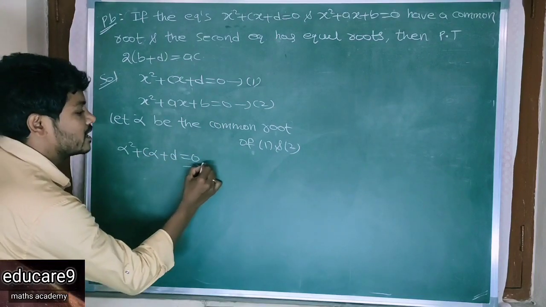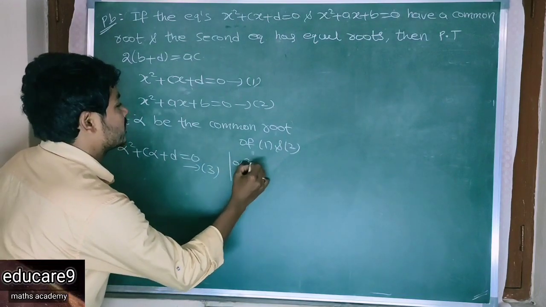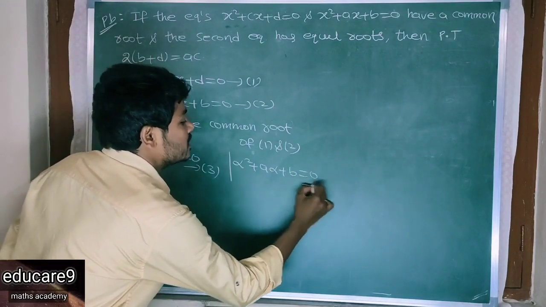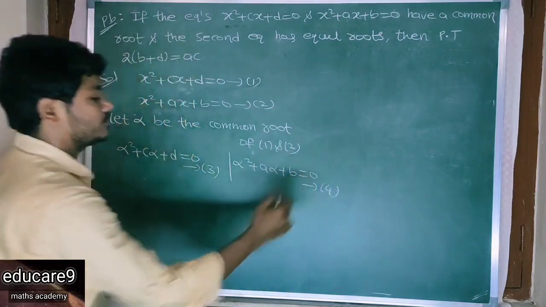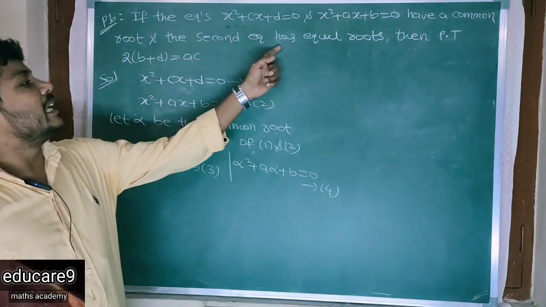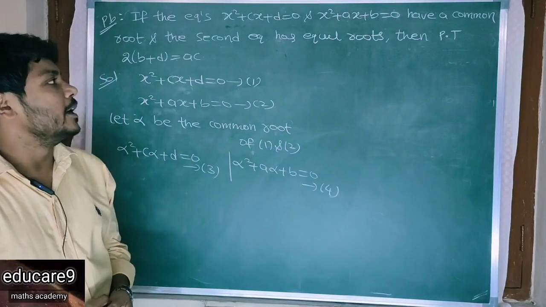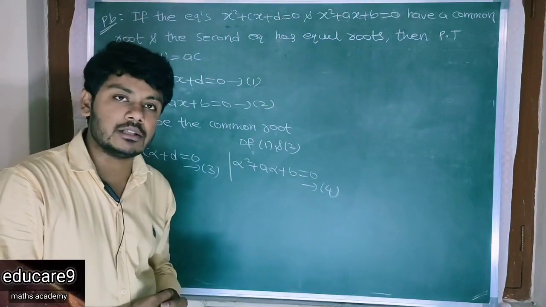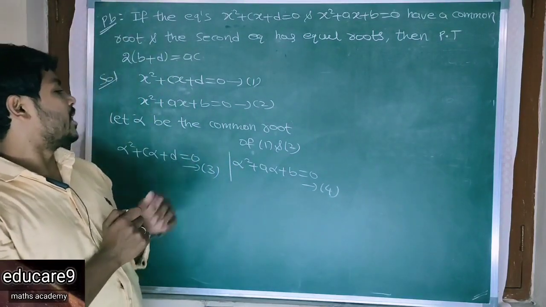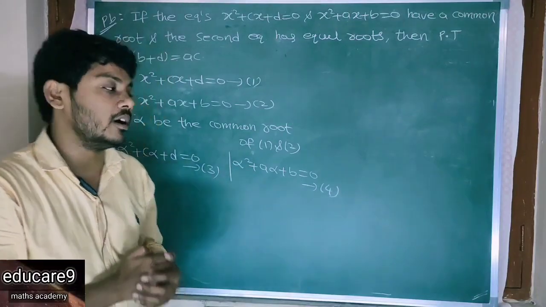This is equation 3. And also alpha square plus a alpha plus b is equal to 0. This is equation 4. And here given the second equation has equal roots, meaning b square minus 4ac is 0, or both roots are equal. So you know the one root, that is alpha, and the remaining root is also alpha.